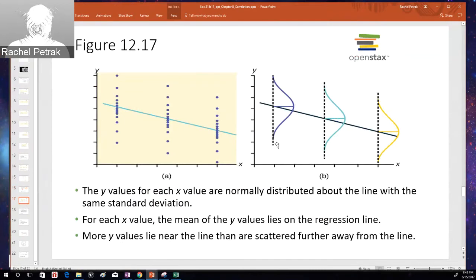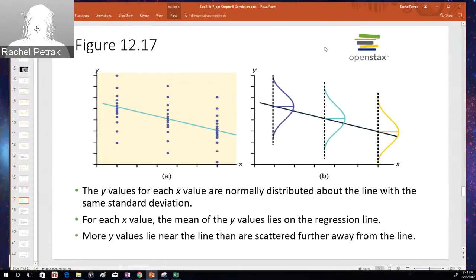It's just a little bit of review here. Remember that areas under the curve, under any normal distribution curve, correspond directly to probabilities. For each x value, the mean of the y values lies on the regression line. The regression line is the same line that we've been discussing.